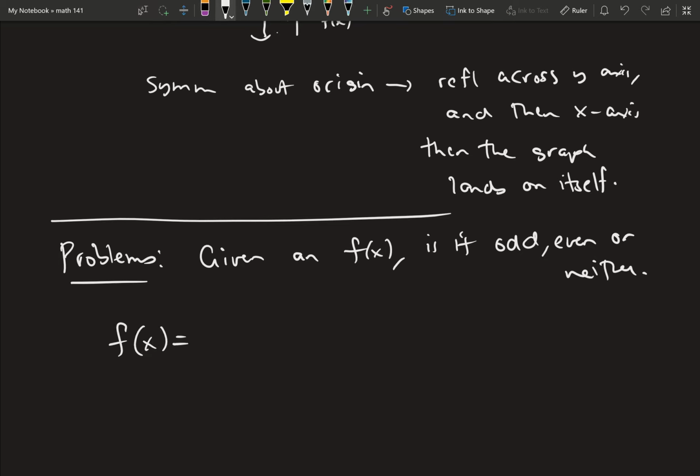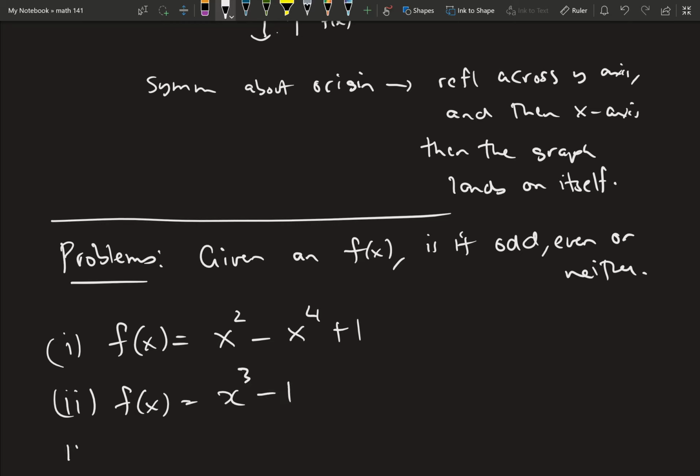So let's say we have x squared minus x to the 4th plus 1. We'll do 3 examples. Each one will fall into one of these categories. Let's do x cubed minus 1.